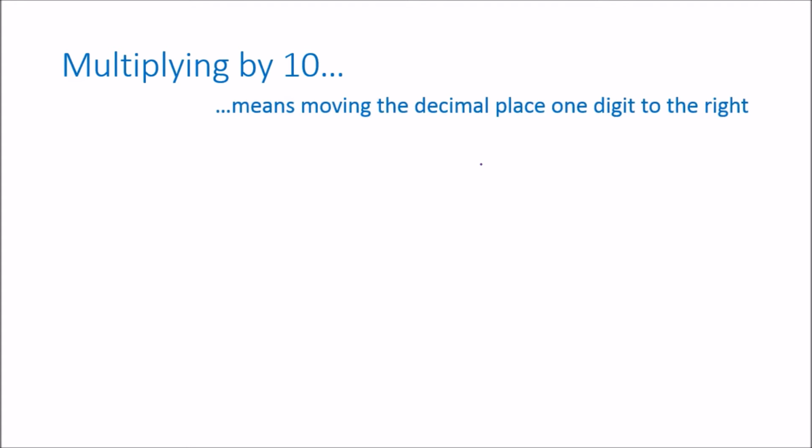So a quick recap on multiplying by 10. It really just means moving a decimal point one place to the right. Because our number system is based on each place value being 10 times bigger or 10 times smaller than the one next to it, this is why multiplying by 10 and dividing by 10 is simply a matter of moving that decimal point. Let's have a look at two examples.